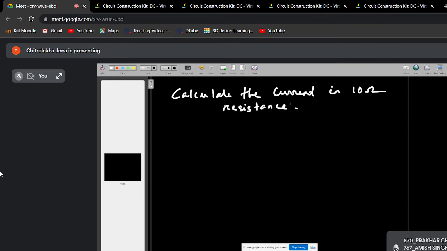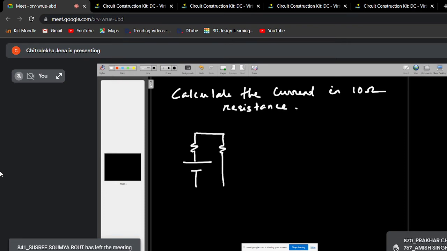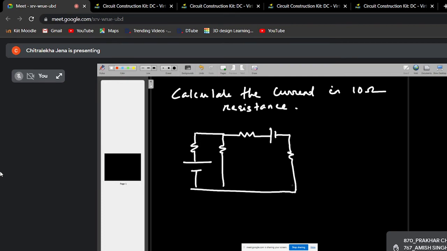I will call the roll numbers arbitrarily, so all of you do it. This is 10 ohm.